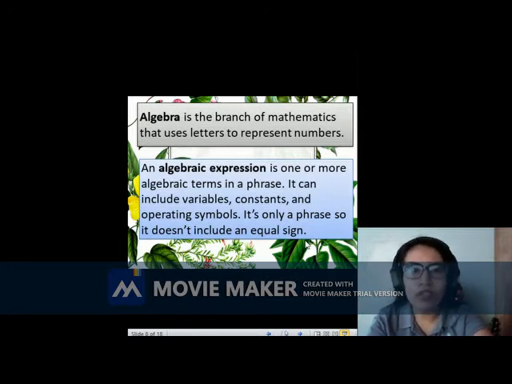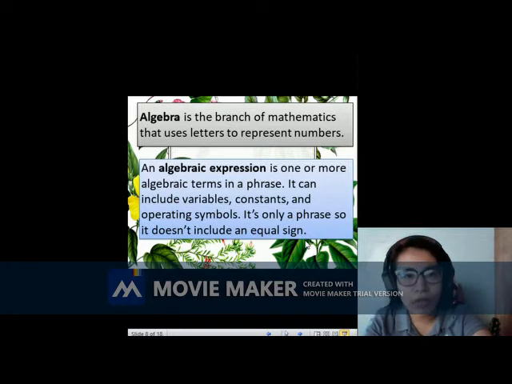It can include variables, constants, and operating symbols. So you already know the operating symbols will be plus, minus, and the over. It's also a phrase, so it doesn't include an equal sign. Remember, it doesn't include an equal sign.